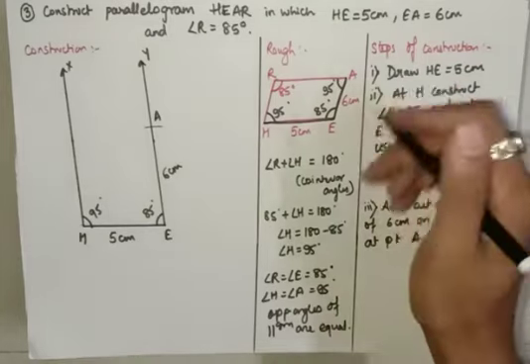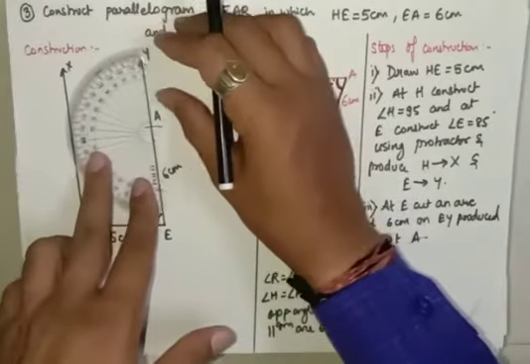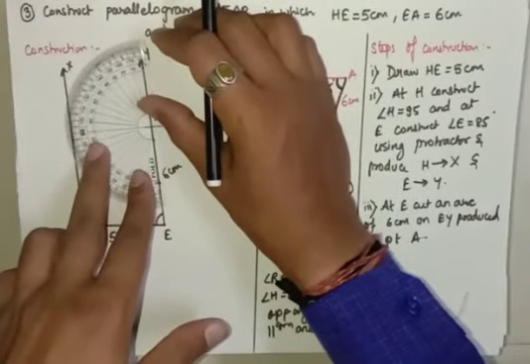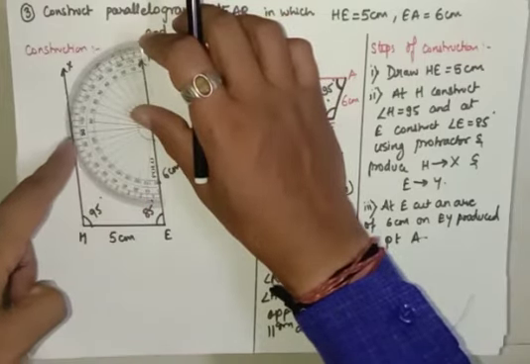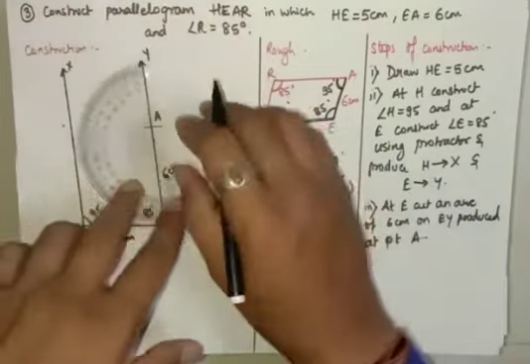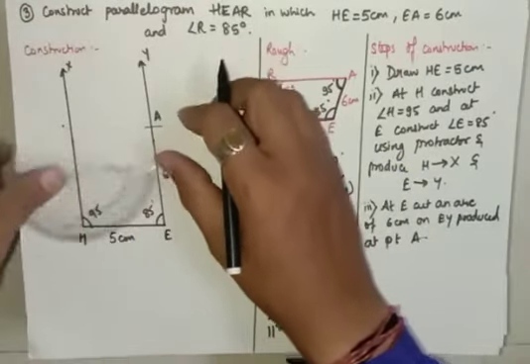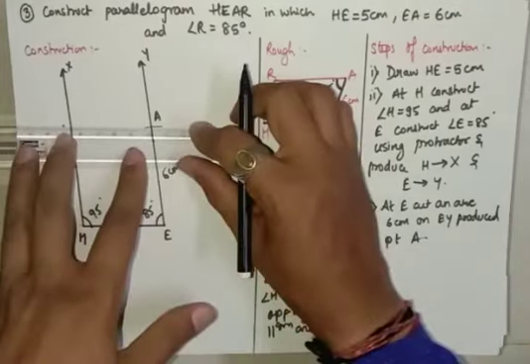Now at A we have to construct an angle of 95 degree. Only this is left. The angle of 95 degree will be constructed using the protractor. I am keeping it here, and the angle will be of 95 starting from 0, 10, 20, 30, 40, 50, 60, 70, 80, 90, and this will be an angle of 95 degree. Producing A to this angle which we have constructed, to Z.